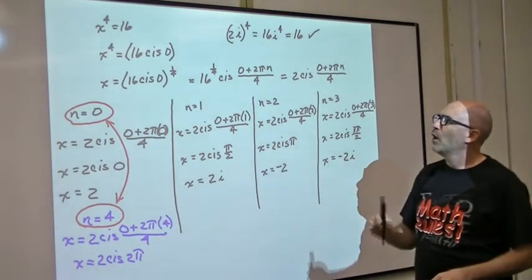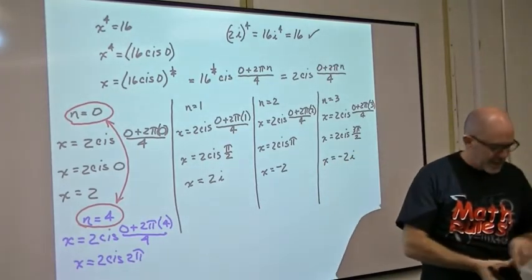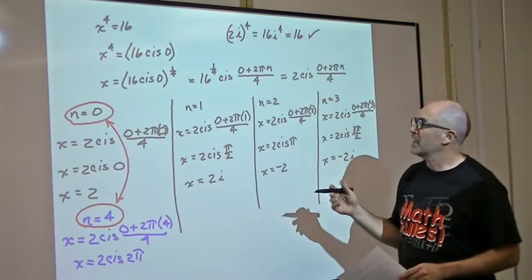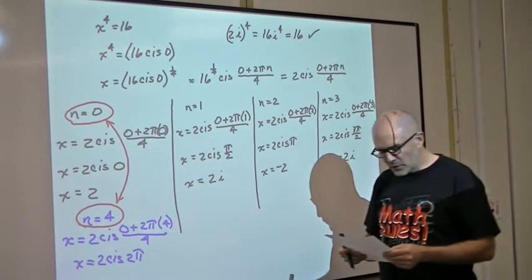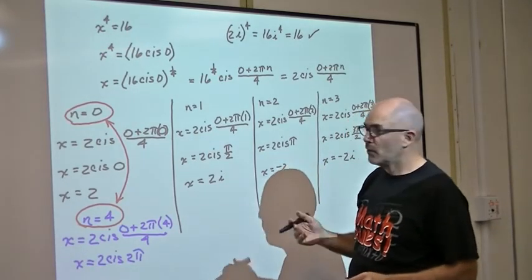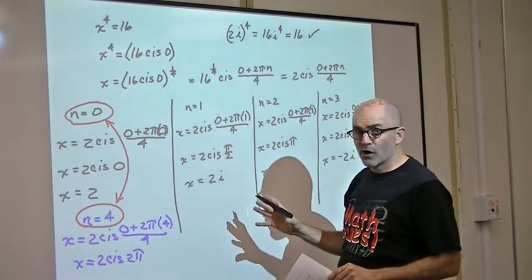Okay, so one more. We're going to do a cube root this time, and just like you thought the 4th root of 16 was just plus or minus 2, you also thought that the cube root of negative 8 was just negative 2. But it's negative 2 and more.